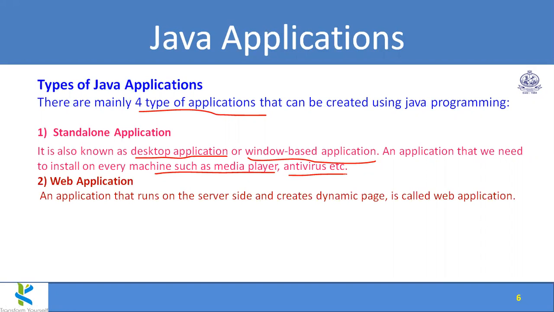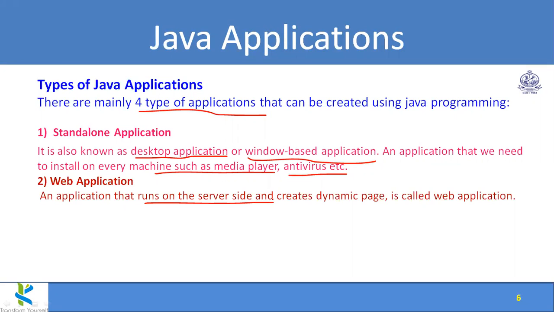The next category would be the web application. These types of applications run on the server side. Dynamically, they show the output, like IRCTC ticket booking or your Flipkart or Amazon. These are all web applications. We are not installing Amazon here.